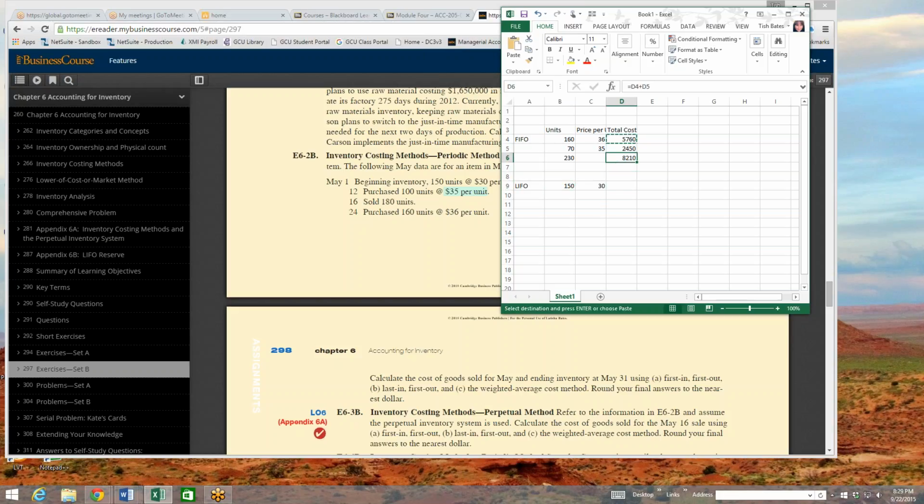Bring this formula down. I'm actually going to put it here too. I'm going to bring this row down. So all I'm doing, guys, is copying and pasting, in case you're wondering. Okay. And then the next adjustment for the last in, first out is going to be, so you sold 180 units, right?